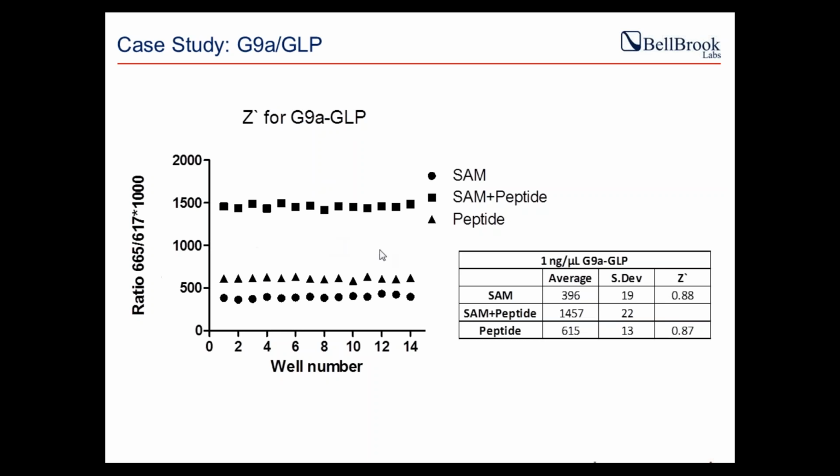We determined the Z prime, which would indicate what kind of assay window you would get with this assay. Looking at this particular example, with both controls, with just SAM alone or just peptide alone, you still get a Z prime of about 0.8. This was done using 1 nanogram per microliter of the complex protein. What this reflects is the low standard deviations that you get with the AptaFluor assay.